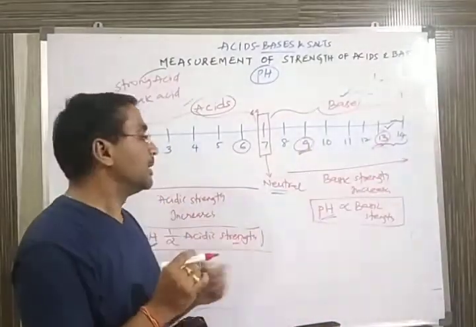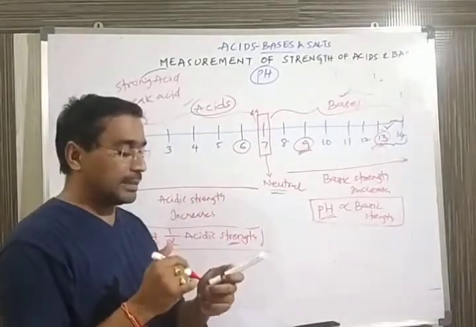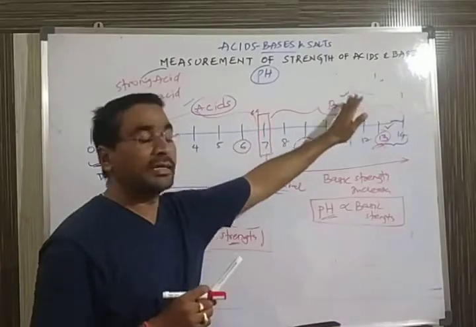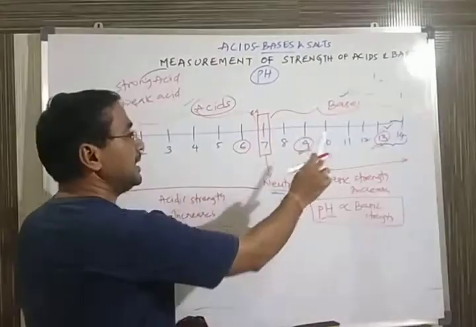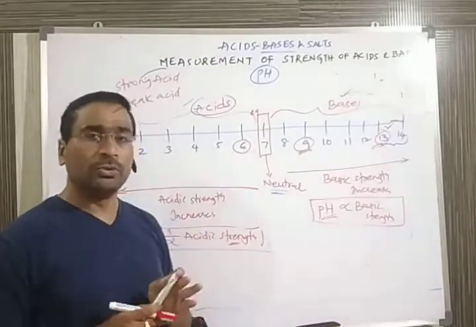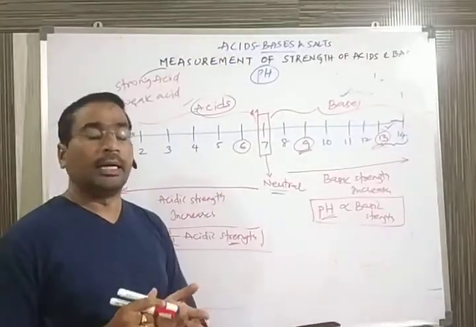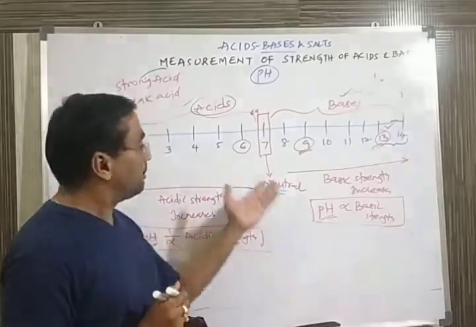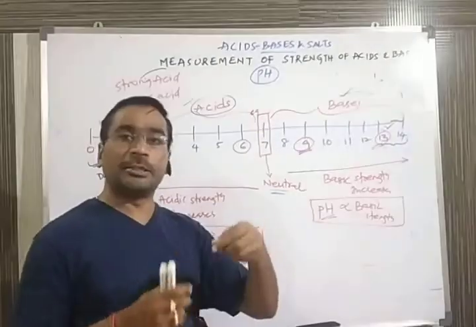So that's why we say the strength of strong acid and weak acid is decided based on the pH scale. You can also try, children. Last year your seniors did the subject enrichment activity by collecting pH samples.